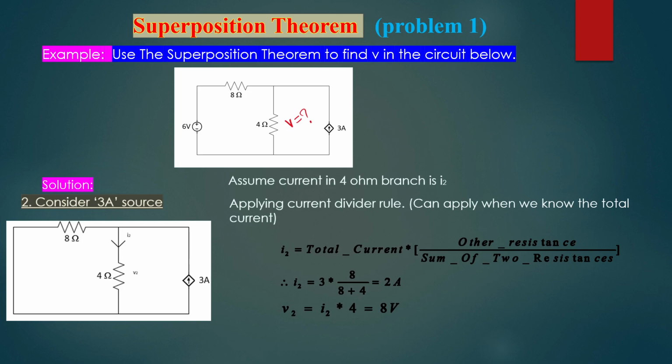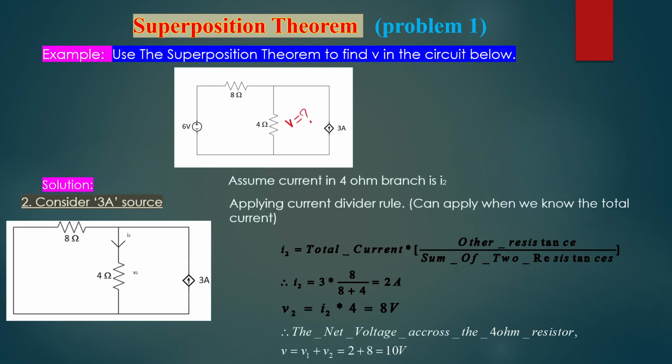Again we have to calculate V2. V2 is equal to I2 into R, from the same Ohm's law, V is equal to IR. Here R will be 4 ohm, so V2 will be 8 volt. The net voltage across the 4 ohm resistor is V is equal to V1 plus V2.